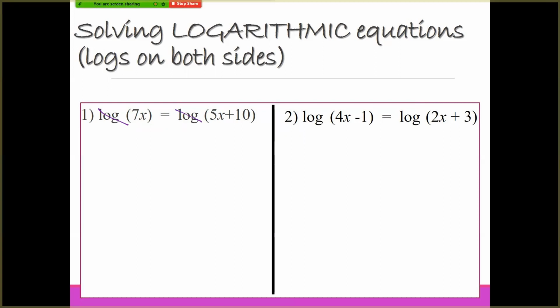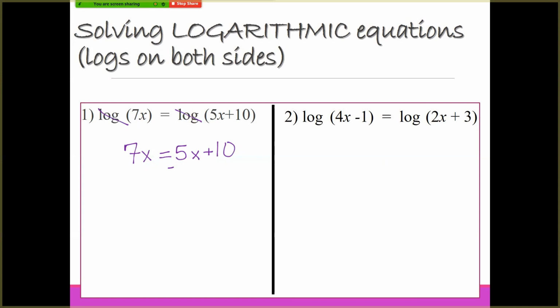So here the bases of 10, they're not written. We would still cancel them both out if they're both log base 6. When we cancel them out, that just leaves us with what's in parentheses. 7x equals 5x plus 10. Once you have this, you're just going to think back to algebra 1 and solve for x.